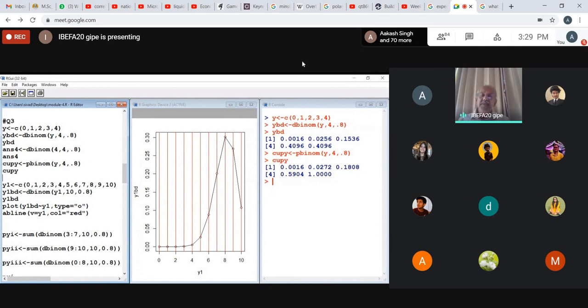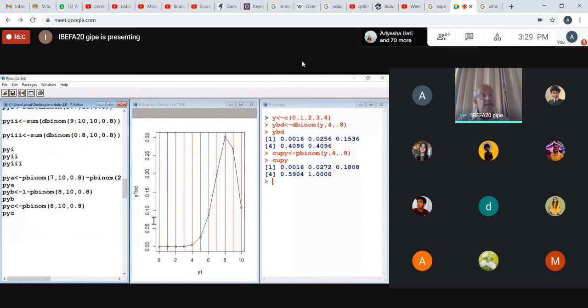Whether it is a probability distribution or cumulative probabilities, you can plot. That I have already shown to you. Probability plotting is also possible.